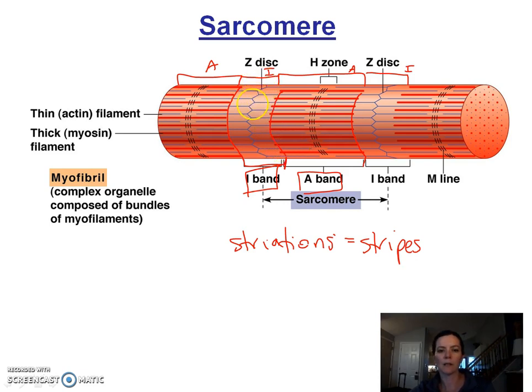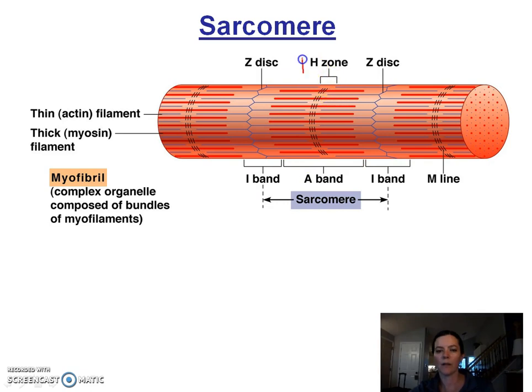The Z-disc, we said, was this zigzag border in the middle of the I-band that formed the junction between two sarcomeres. And then the last little piece that I need to show you and label really quick is this one called the H-zone, or the H-band. That is simply this area of gap. It's in the middle of the A-band, so we know that that's where we have our thick filaments.